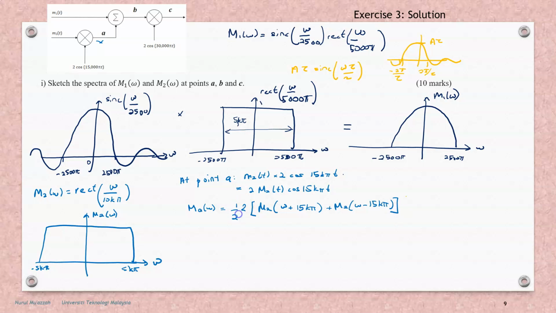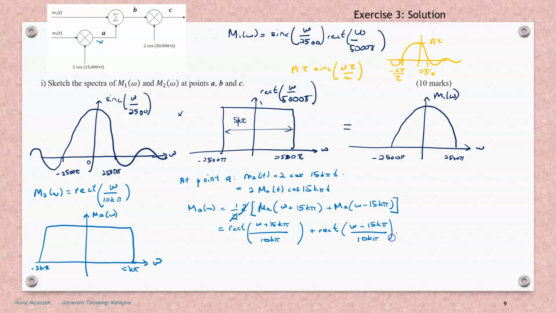So we will get M2 of omega plus 15k pi plus M2 of omega minus 15k pi. We know that M2 omega is a rectangle function. So this will become rectangle omega plus 15k pi divided by 10k pi plus rectangle omega minus 15k pi divided by 10k pi.